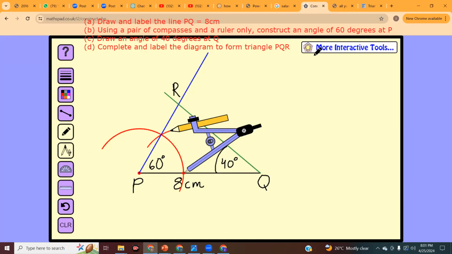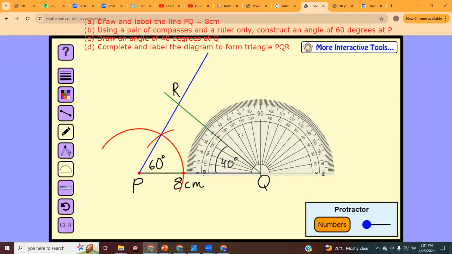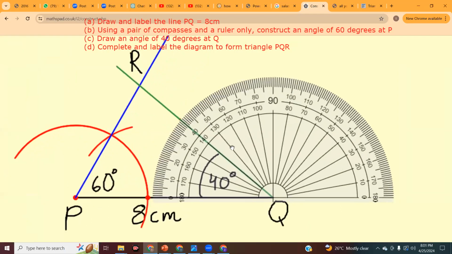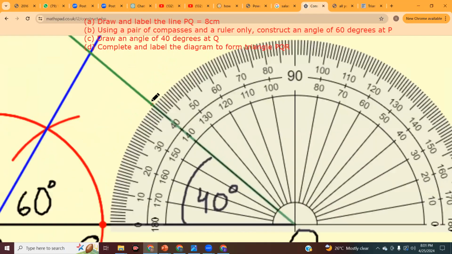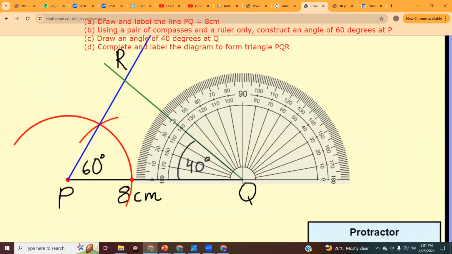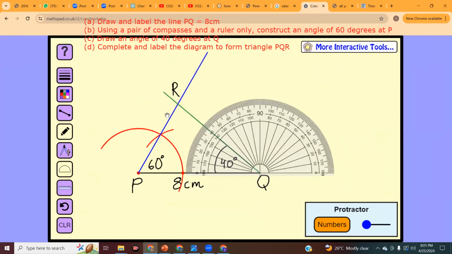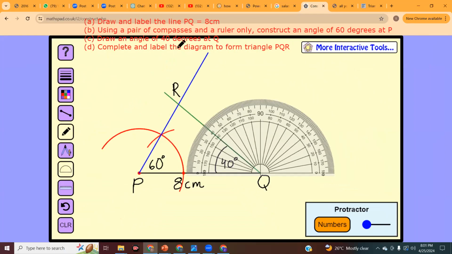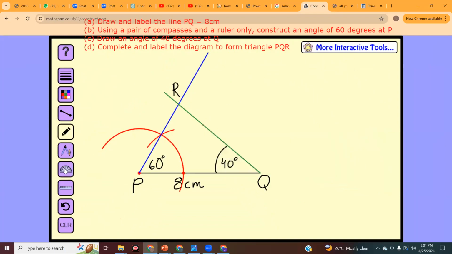That one we have to actually draw. I haven't taught you how to construct a 40 degree, so you just go on your protractor and draw the 40 degree right there. That's all. And then they say complete the diagram to form a triangle PQR. So you just draw a line at 60, draw the line at 40, and where they connect, that's where R is. Okay. That's it.